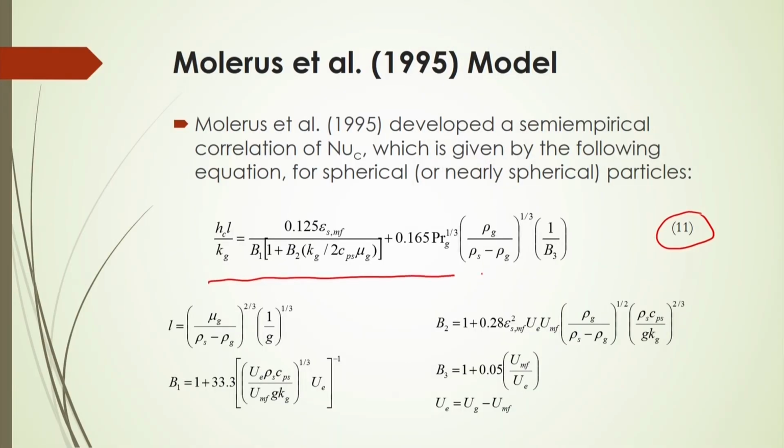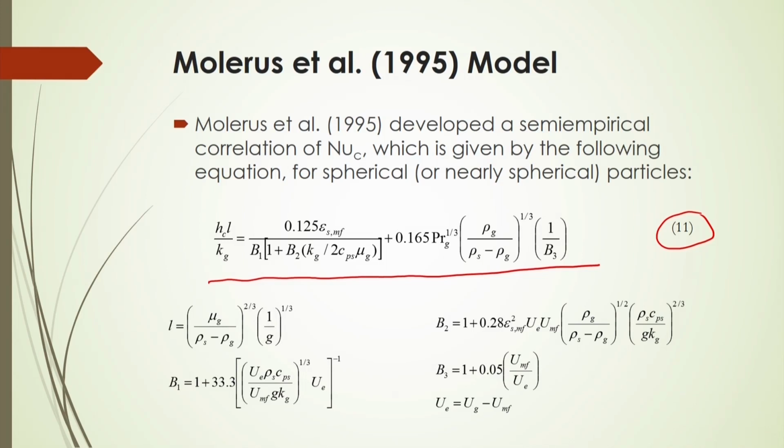Now, as per equation 11, the heat transfer coefficient is a function of the factors B1, B2, the density of the gas, the density of the particle, and also the factor B3, and other physical properties like the specific heat capacity of the solid and of the gas, and the thermal conductivity of the gas. L is the length of the bed, which is also an important factor.